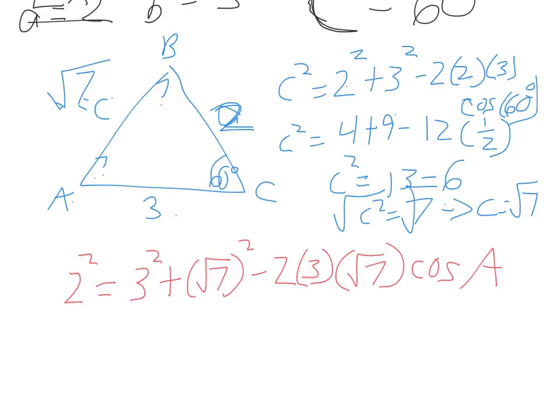2 squared is 4. 3 squared is 9. Square root of 7 squared is 7. Minus 2 times 3 is 6.